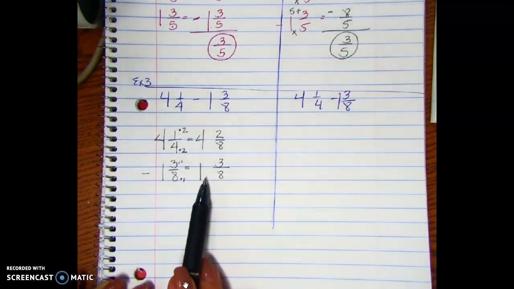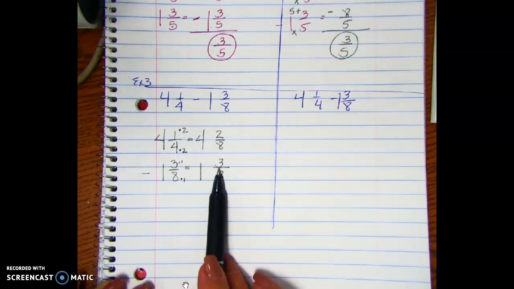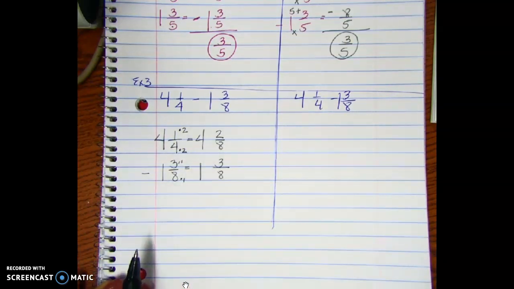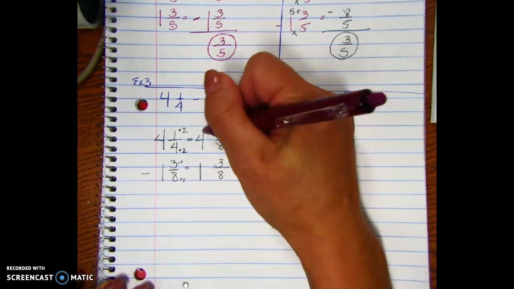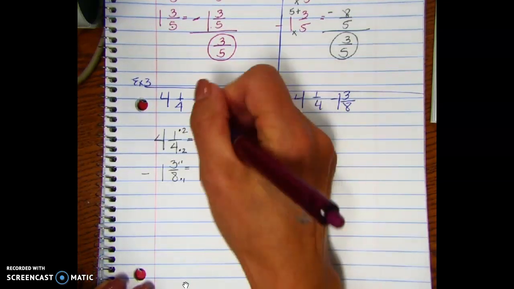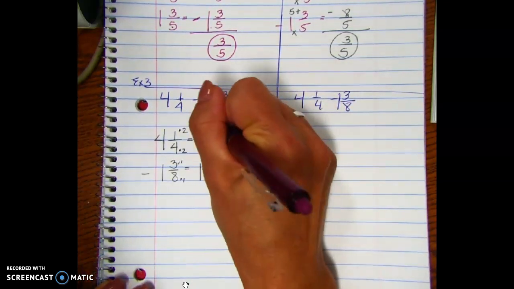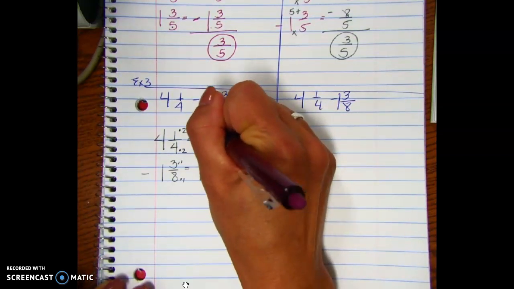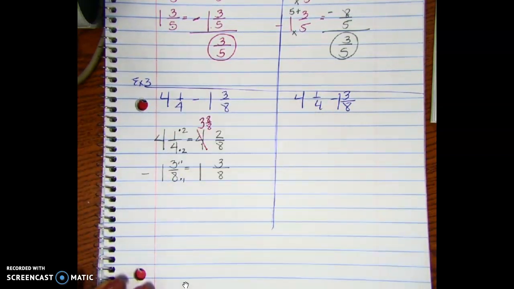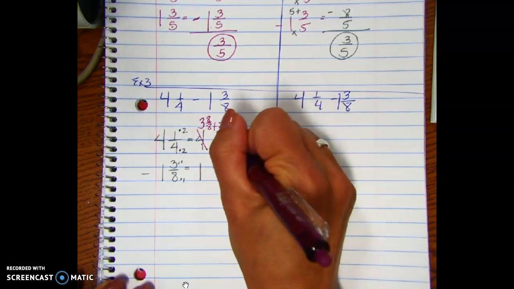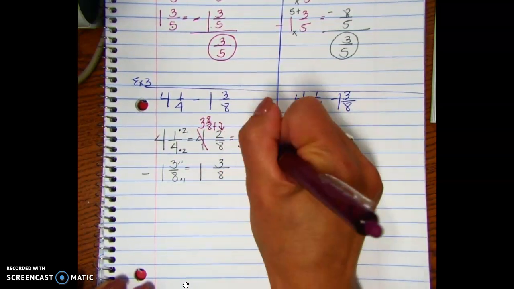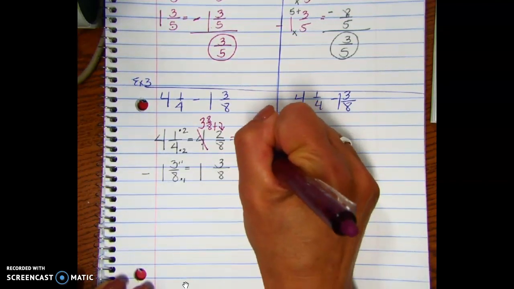Now, guess what? I still cannot subtract 3 from 2. So I have to do the regrouping. So that's where I come here. I'm in the fraction, and I head to the wholes. I take one whole, and I end up with 3 8/8, because 3 8/8 equals 4, and I add that to 2/8, so I end up with 3 10/8.